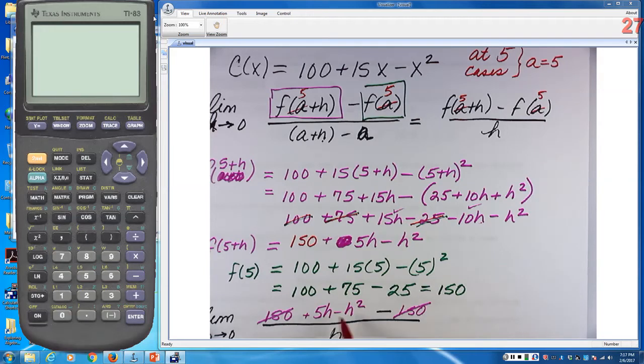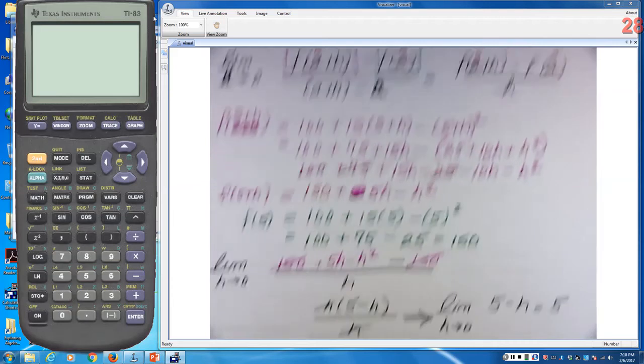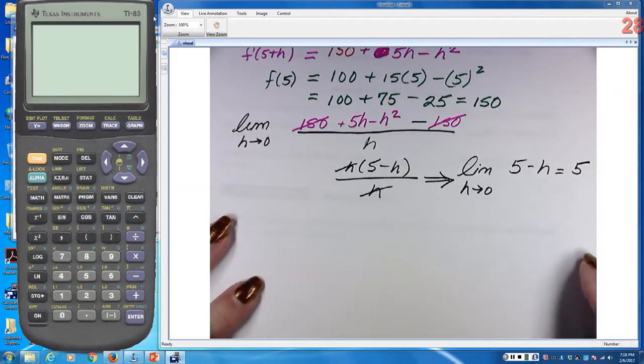And when you factor out 5h minus h squared, you get h times 5 minus h over h. The h's cancel, and we're going to take the limit as h approaches 0 of 5 minus h, which is 5. Okay?